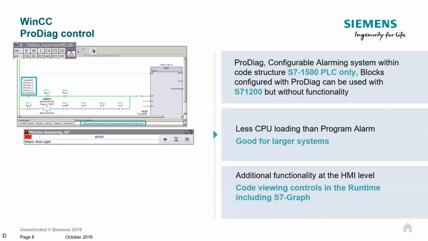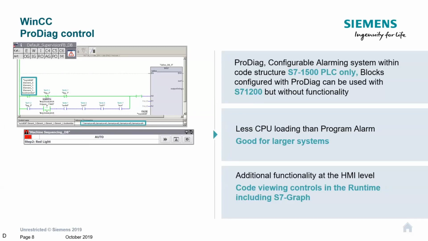Now, we will have an additional language in the 1500 controllers called S7 Graph. When we're utilizing it with S7 Graph, we can actually see the step information. So this is a cause and effect chart, flow chart, sequencing, and the data I'm going to take you through shortly.